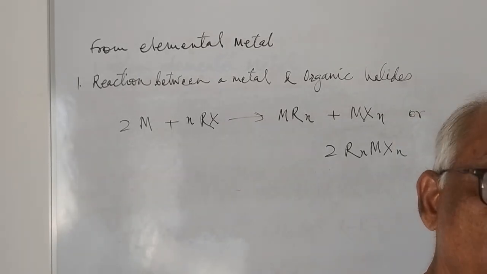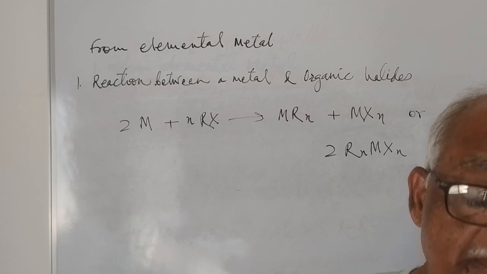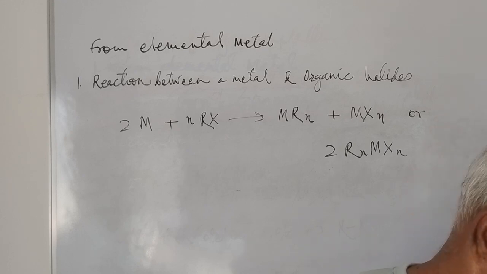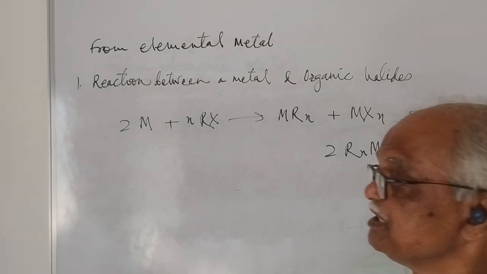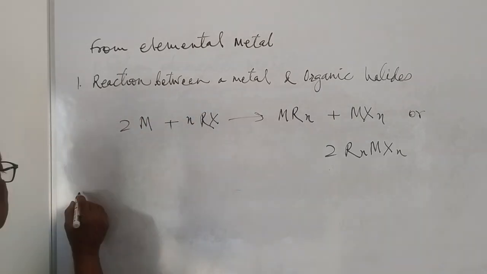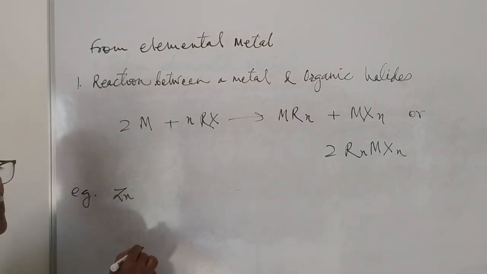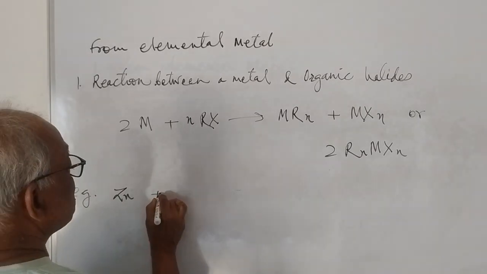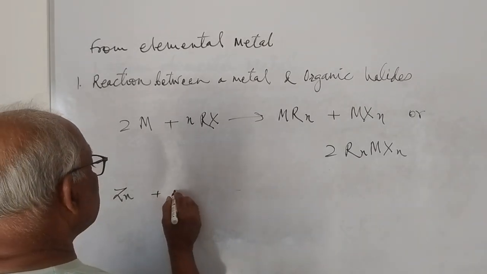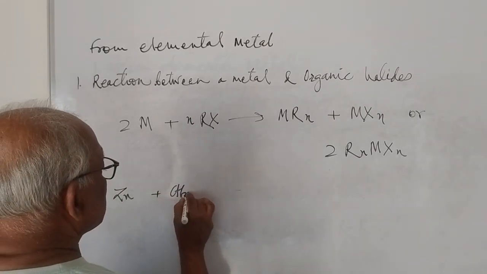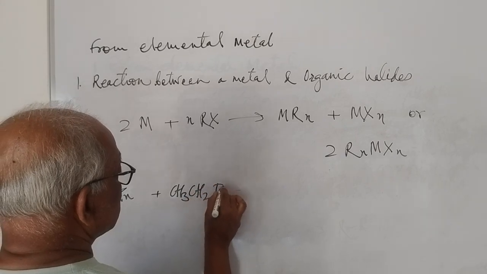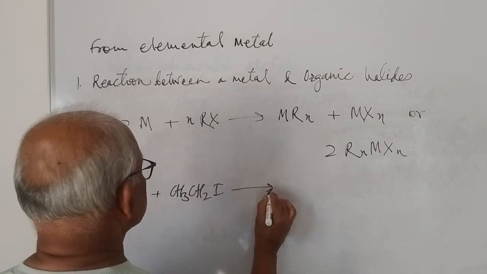One interesting example of such preparation can be given here. For example, zinc is used in the elemental state, plus an organic halide. We can take the example of CH3CH2I.